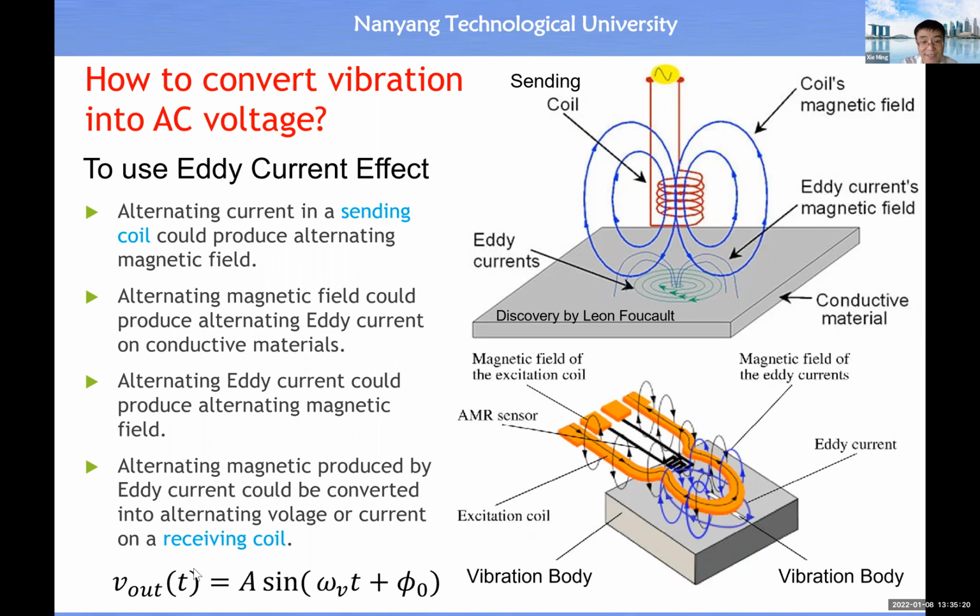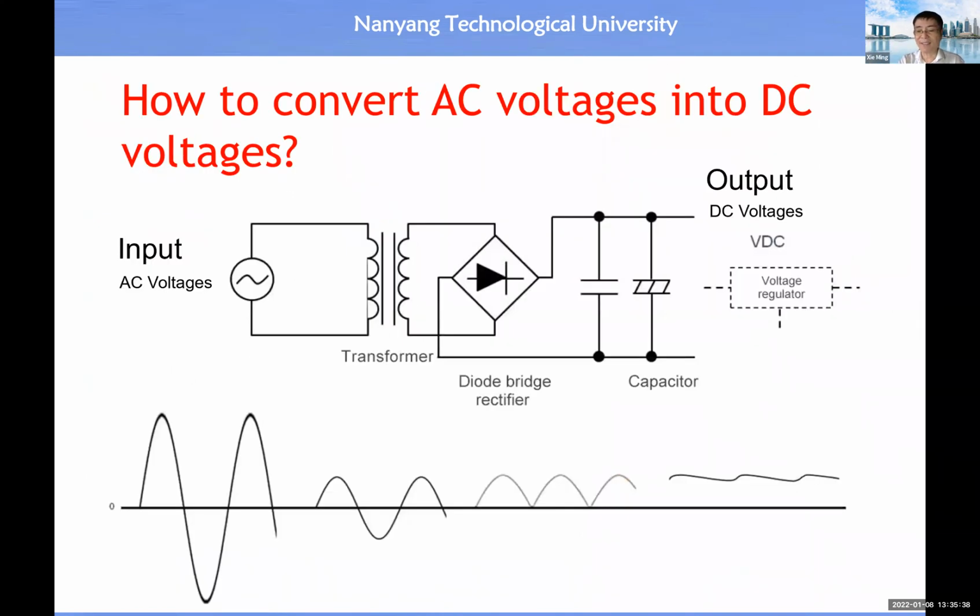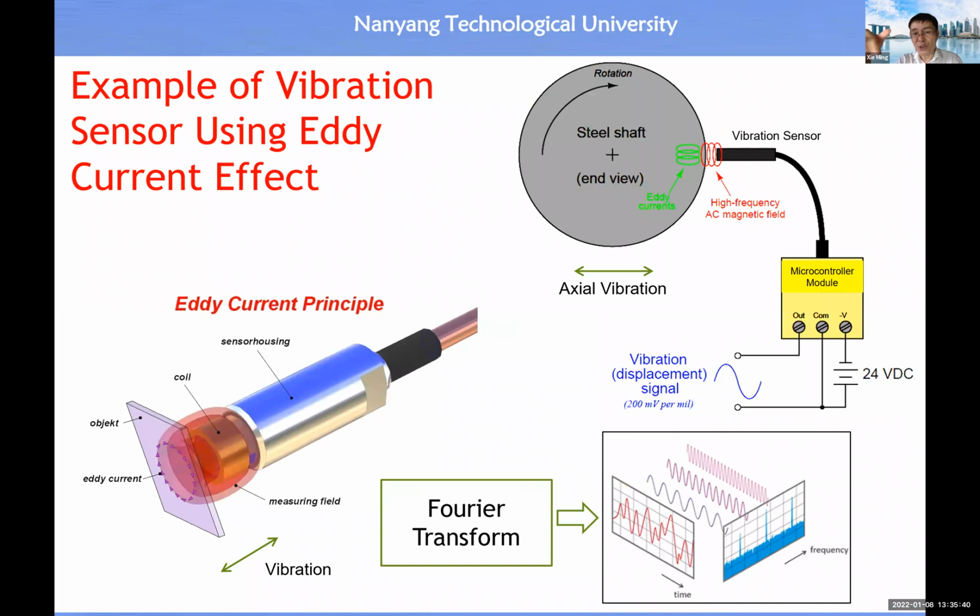So this is not the signal from this one. So it's after AC to DC conversion. Okay, so this more or less corresponds to the time function. This is the time function of DC voltage, right? And that time function of a DC voltage should be the input to the microcontroller.